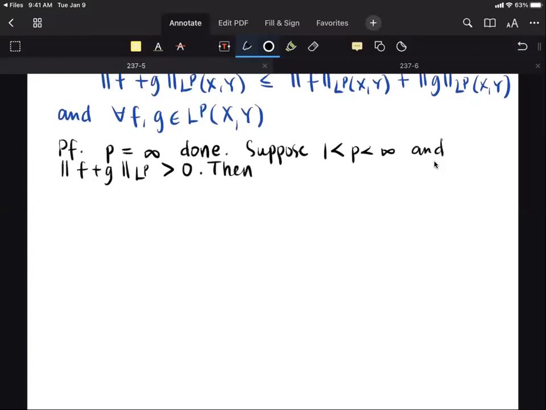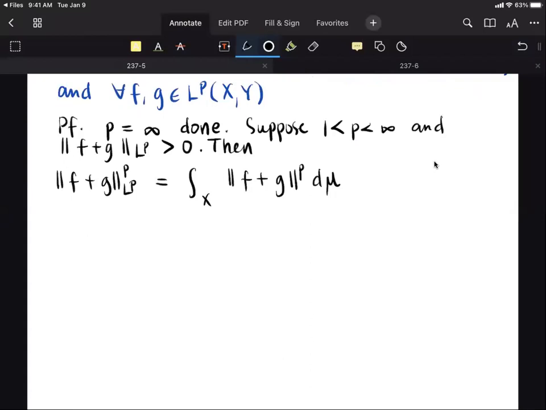So let us suppose that it is positive. Then, let's start with the left-hand side. To simplify things, let us first raise this to power p. Let us apply the definition. And then there's a clever way to write this. So first, let us write it in this way, with p minus 1.